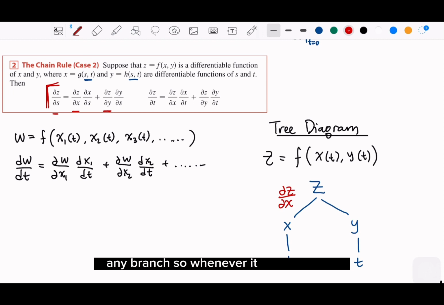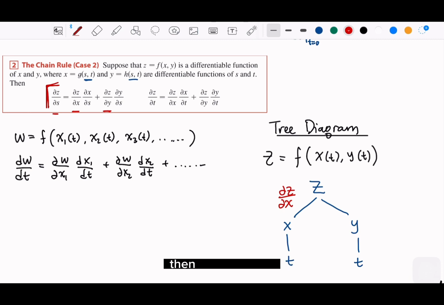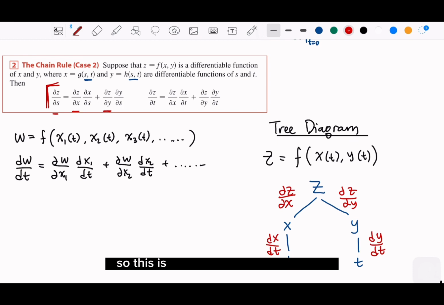Whenever it hits branches, you will get partials, because it has more than one variable. But if it's only one variable like this, then the notation is usually just dx dt. And this is dou z dou y, dy dt. This is what we call the tree diagram.